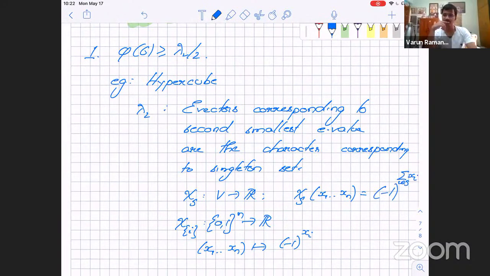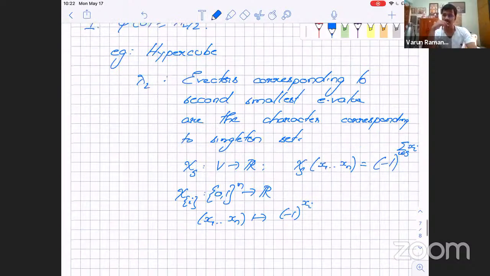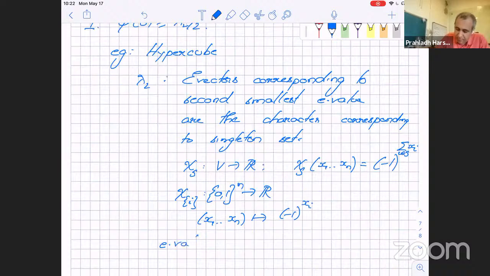Okay, so these are the singleton characters, and you can check that their eigenvalue, the second eigenvalue in the Laplacian world, is 2 by n.